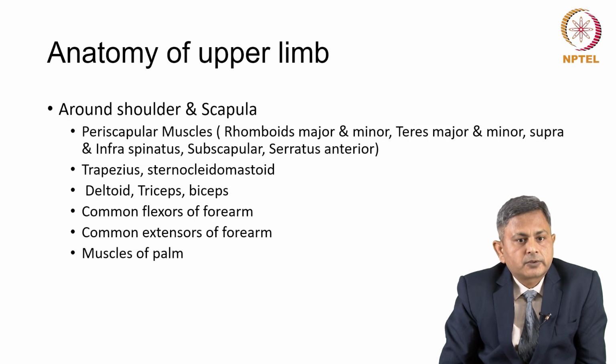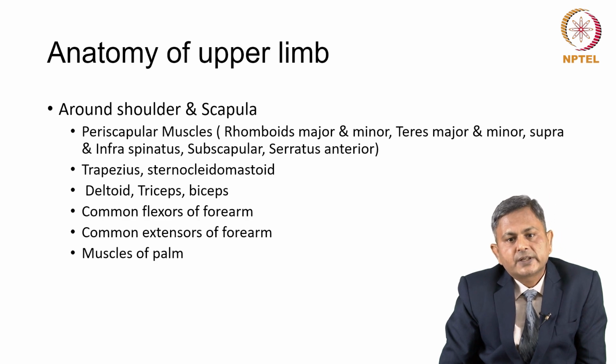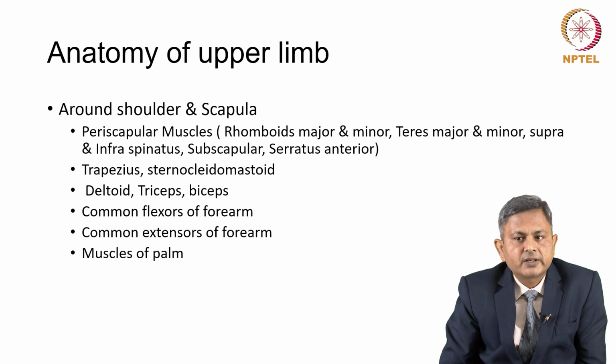The shoulder joint has various muscles. The periscapular muscles are rhomboidus major, rhomboidus minor, teres major, teres minor, supraspinatus, infraspinatus, subscapularis, and serratus anterior. Rotator cuff muscles are supraspinatus, infraspinatus, teres minor, and subscapularis.